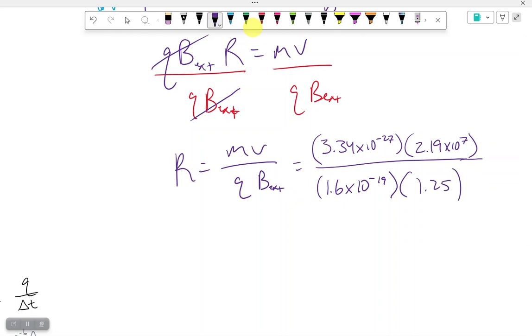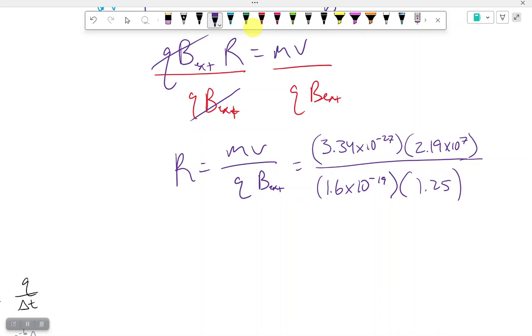So if I plug all this in, give me a second, it's going to take a little bit. I got 3.34 times 10 to the negative 27 multiplied by 2.19 times 10 to the 7, all of that divided by 1.6 times 10 to the negative 19 coulombs. It's the elementary charge. And then multiply that by 1.25.